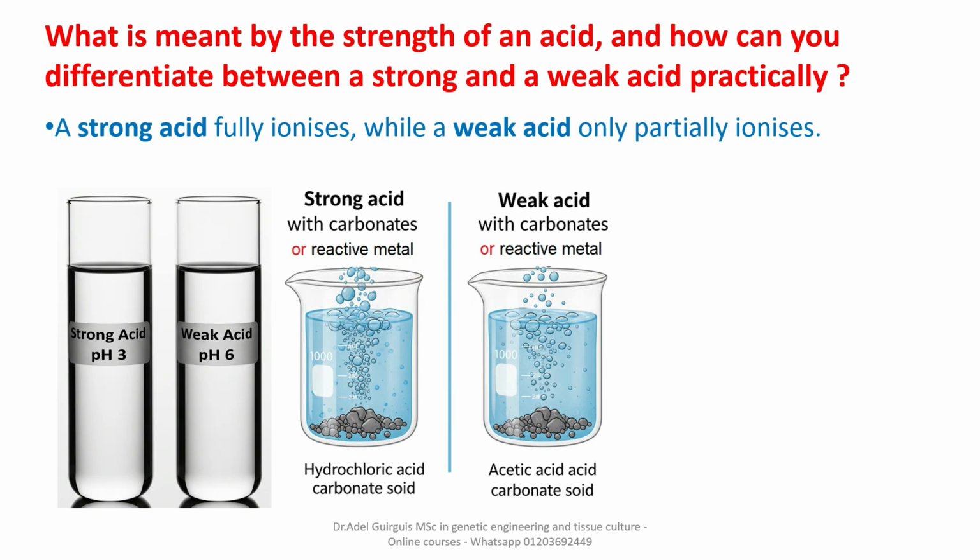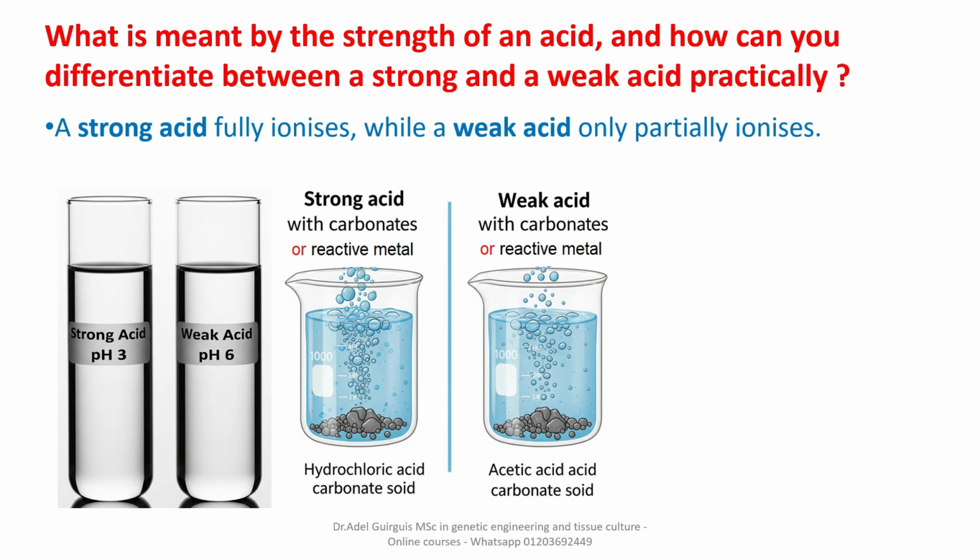Second experiment, to differentiate between strong and weak acid, we can react each acid with carbonates or a reactive metal. The reaction that releases more bubbles represents a strong acid.